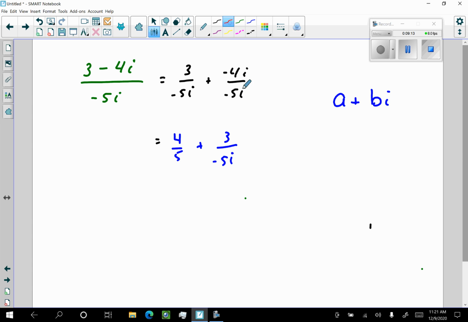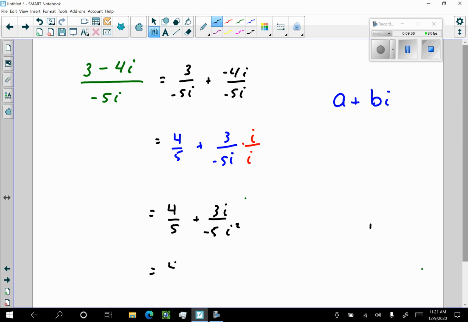And how am I going to deal with that? I'm going to simply multiply that by i over i. And what do I have here? Then I have 4/5. What do I have? 3i, 3 times i, over -5i squared. Well, what is i squared? -1.